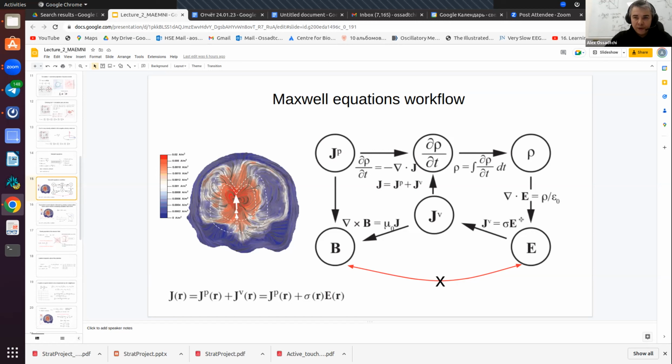The charges start to move along these electric field lines, and depending on the conductivity, the amount of freely moving charged particles, you get the current. If the amount is high, you get a large current. If the amount is low, you get a low one.